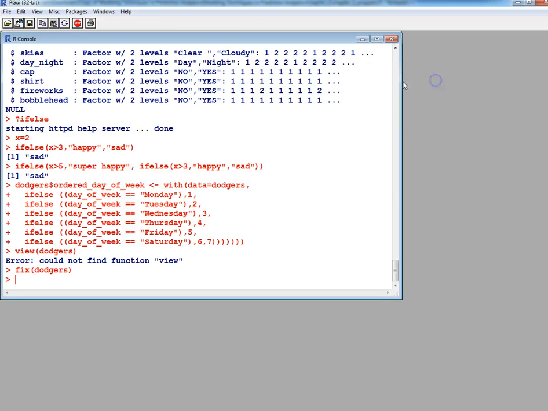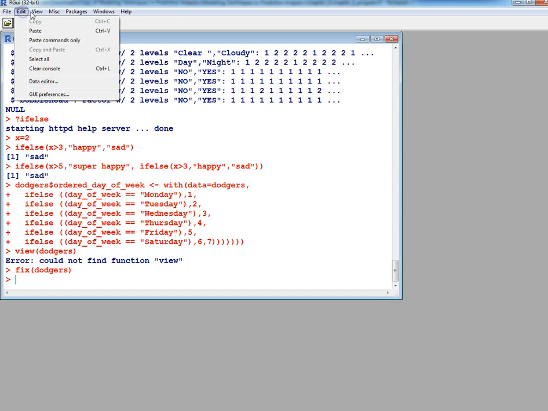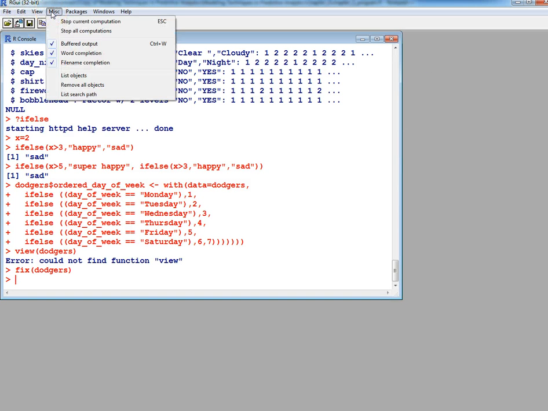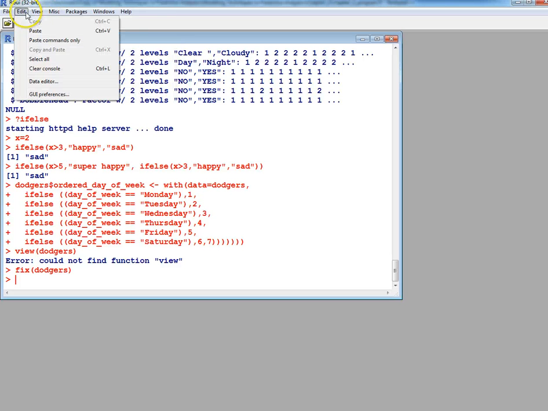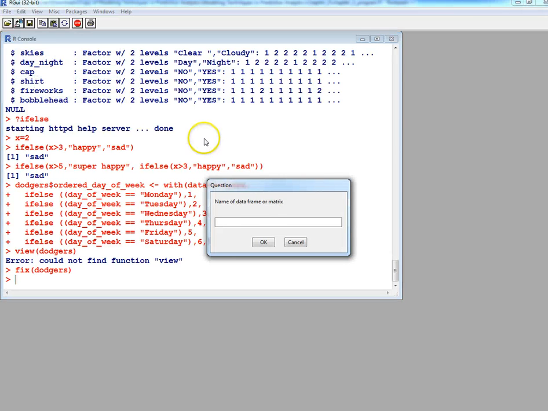So let me show you that again. You go to Edit, here. You go to Edit and Data Editor, and then it says type the name of the data frame you want to look at.